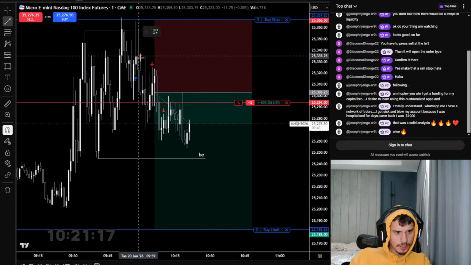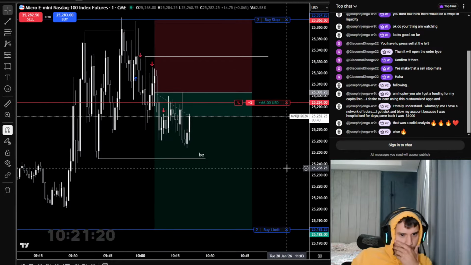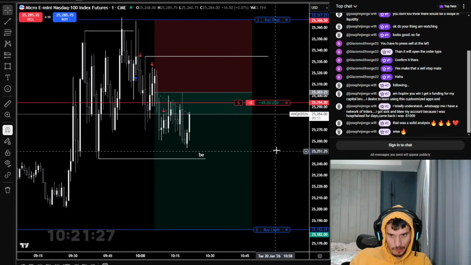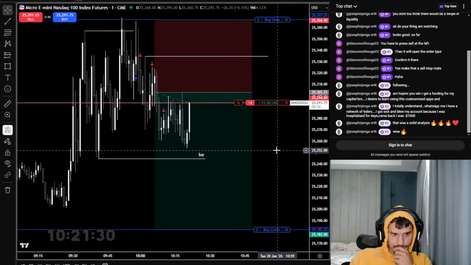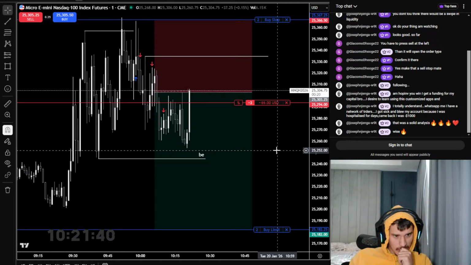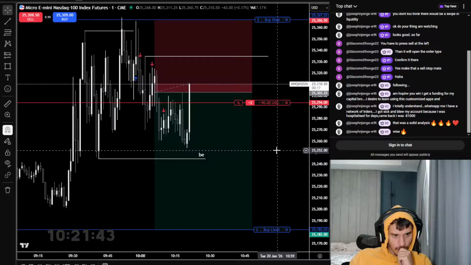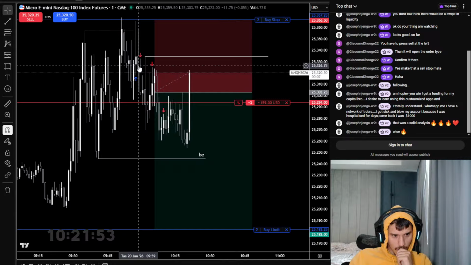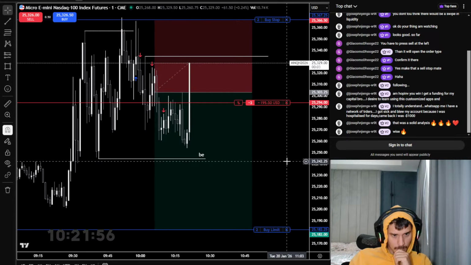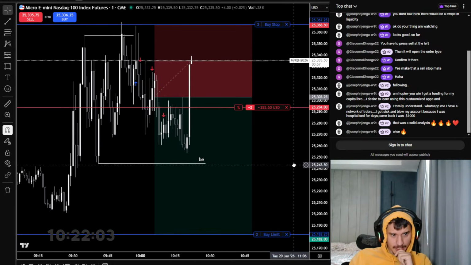I would probably move my stop loss to here, which I probably should, because we did sweep these lows, this internal low, and ES didn't, which puts in the bullish SMT. That's a strong candle. We're coming for that 10 a.m. Taps it just right there.